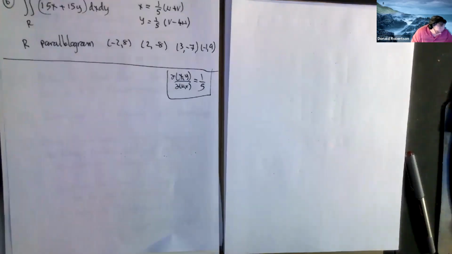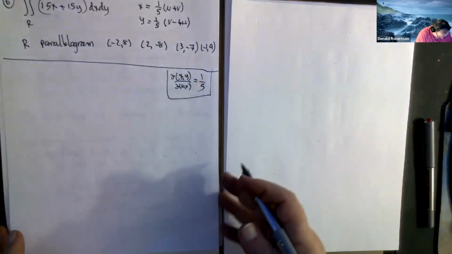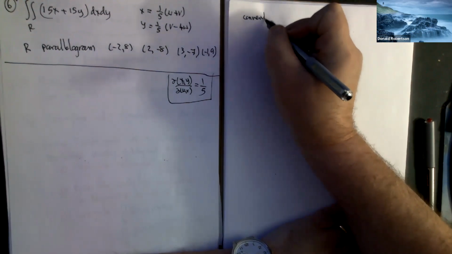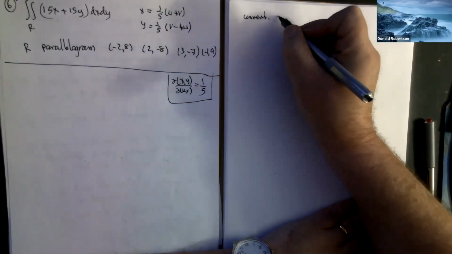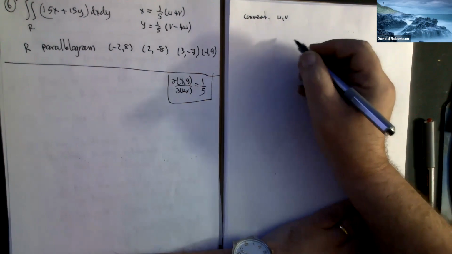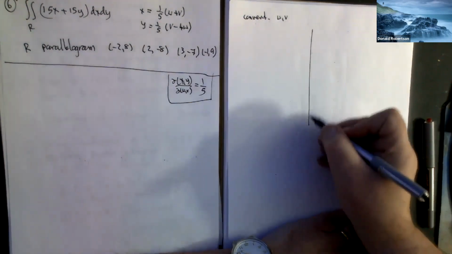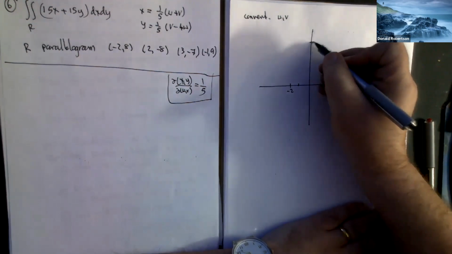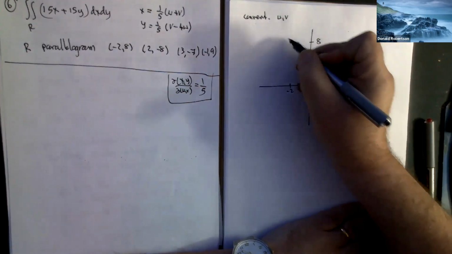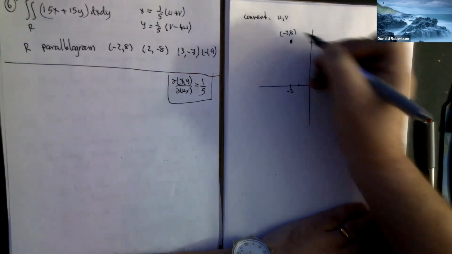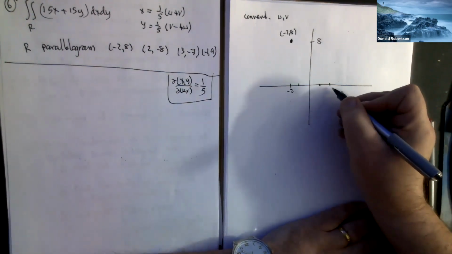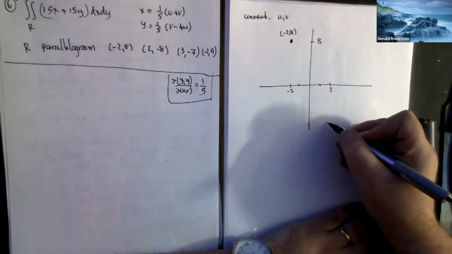Now the second part is going to be to find the limits of integration in terms of u and v of this region here. So negative 2, 8 can be here. 2, negative 8 can be way down here.